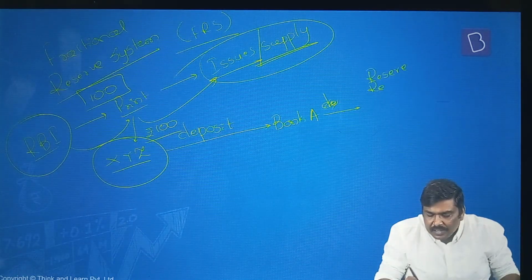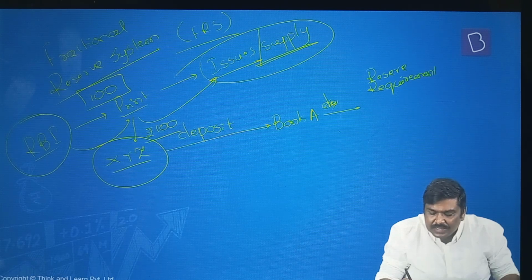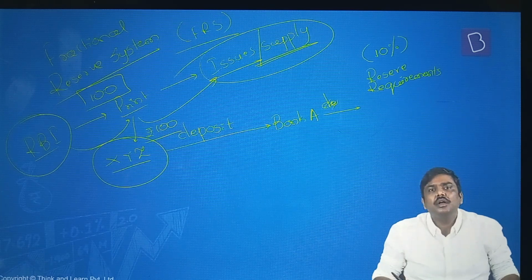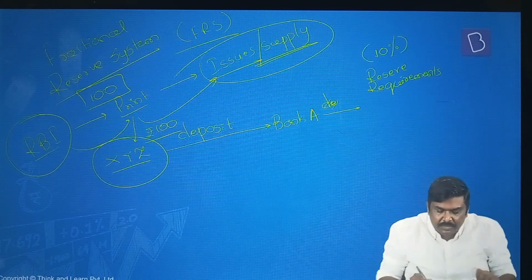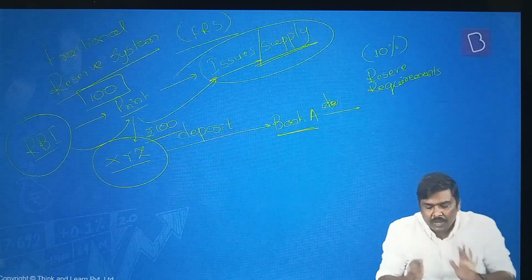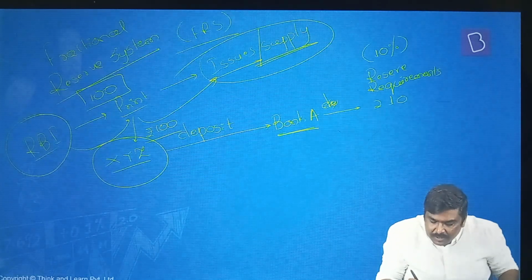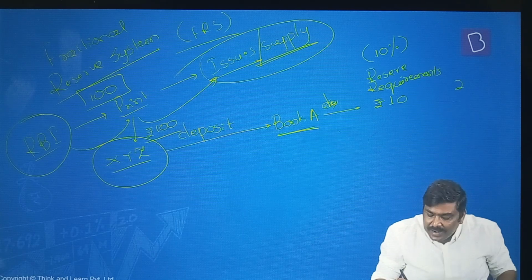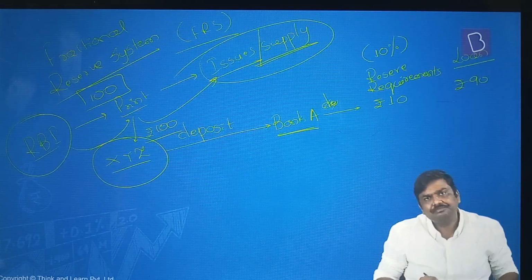We have discussed this already. Just for the sake of simplicity, let's assume reserve requirements are 10%. This essentially means out of the 100 rupee deposit received by bank A, it has to keep aside 10 rupees, and the remaining 90 rupees it can issue in the form of a loan.